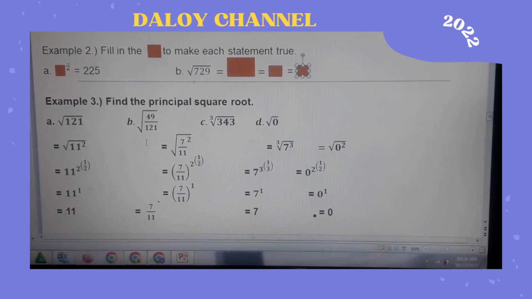So 11 to the power of 2. The square root of 11 to the power of 2 is just the same as 11 to the power of 2 to the power of 1 half. Again, as I've told you earlier, 1 half corresponds to the symbol of a square root. So 11 to the power of 1, multiply 2 times 1 half is equal to 1. So the result will be 11 only.